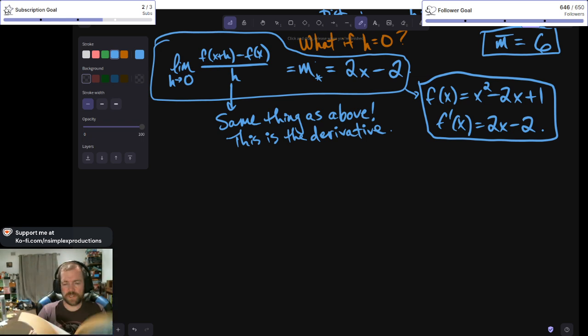Okay, so then what does that mean? Well, now we have a powerful new tool that we can plug in pretty much any function we want and see what's going to happen.